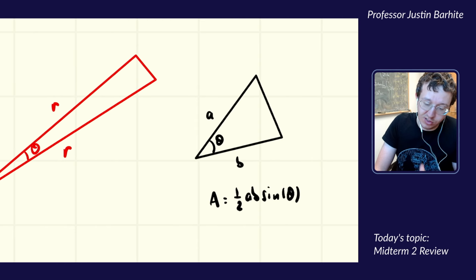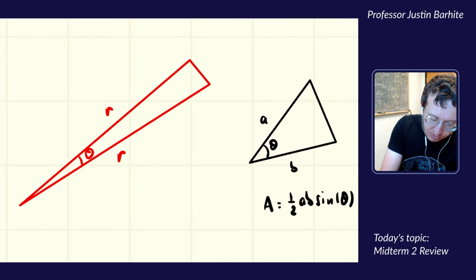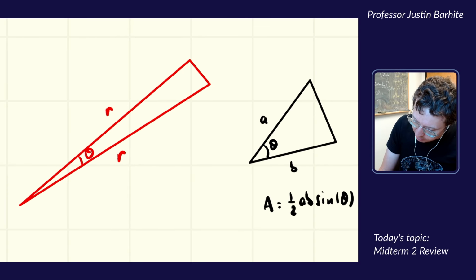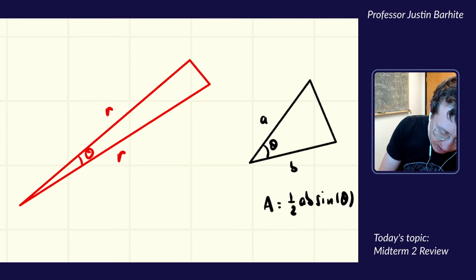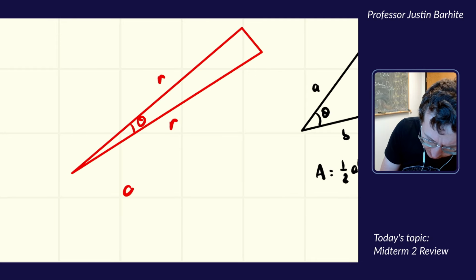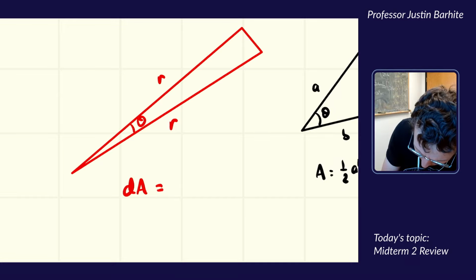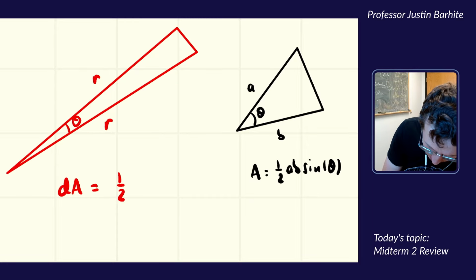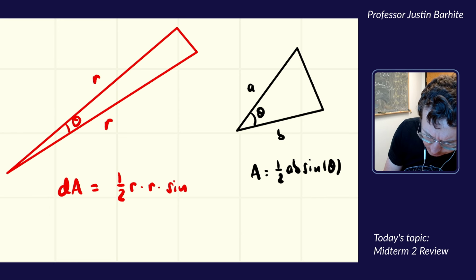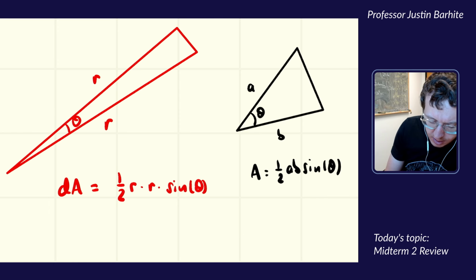But this is just a geometric formula. This is exactly true for any triangle: 1/2 times 2 side lengths times the sine of the angle in between. So here, the little area is 1/2 times these 2 side lengths, both of which are R, times the sine of that.